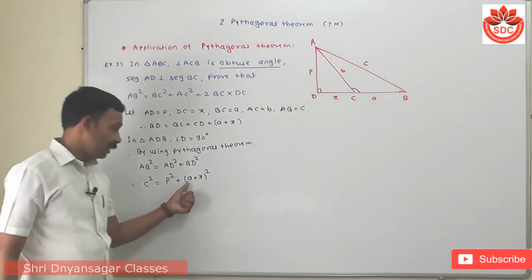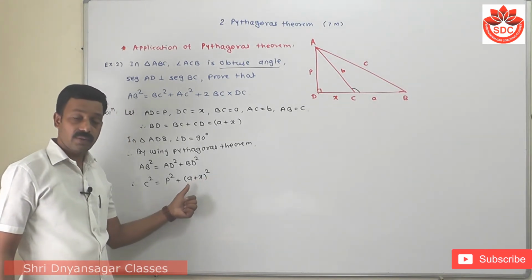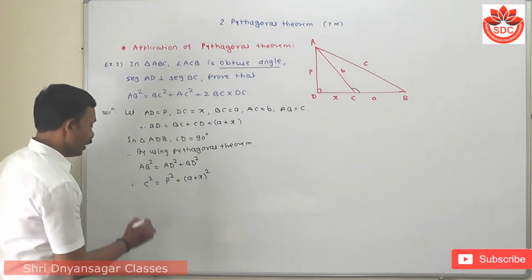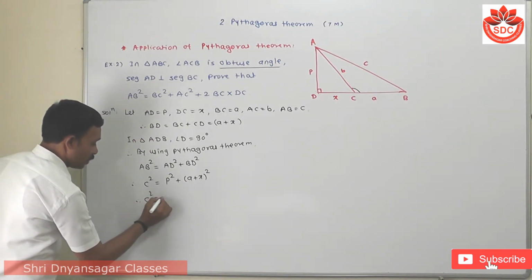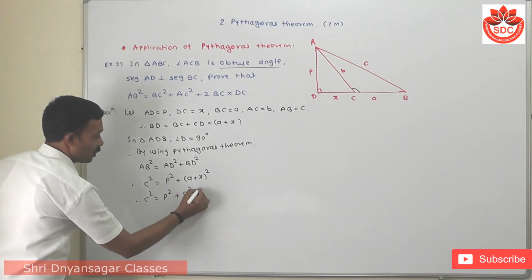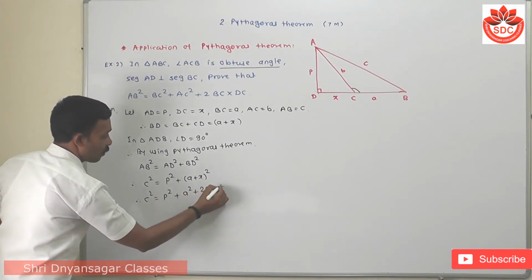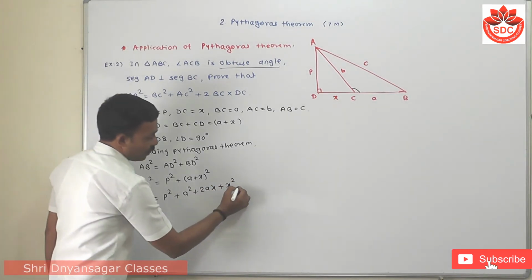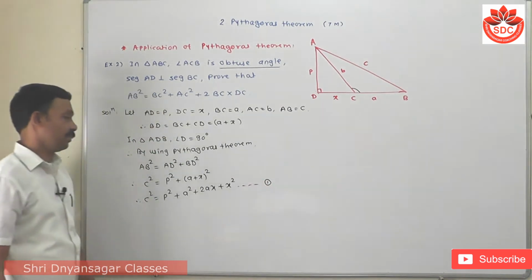We know the identity (A plus B) square is A square plus twice AB plus B square. We use this identity here, and again I write: C square is equal to P square plus A square plus twice AX plus X square. Suppose that this is equation number first.